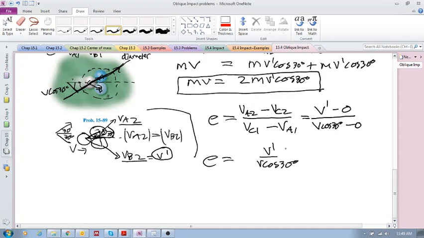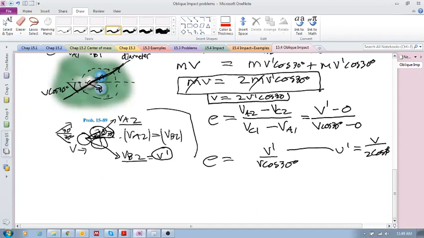But what is V dash? If you solve this, I'm just going to rewrite this. As you can see, these masses cancel. So we've got V is 2V dash cos 30. Okay? If you solve for V dash, you're going to get V dash is V over 2 cos 30.